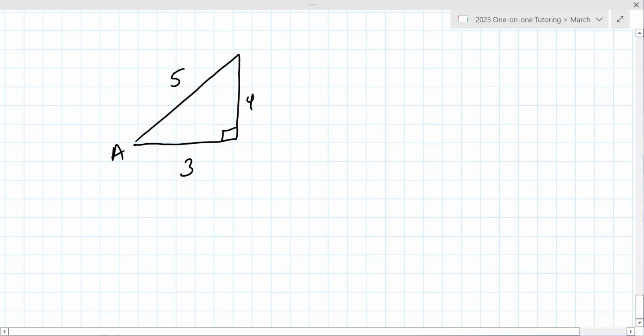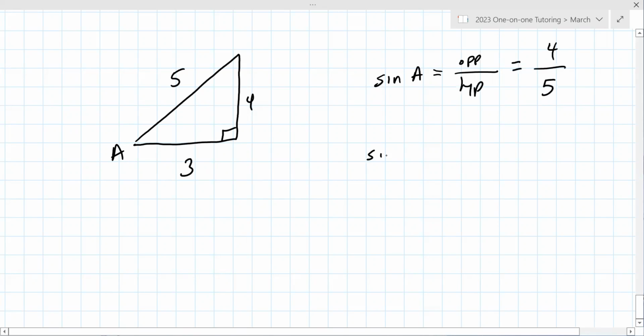The sine of A is the opposite over the adjacent. I'm sorry, over the hypotenuse. I misspoke there. Relative to A, which of the three sides is the opposite? 4. And the hypotenuse is 5.